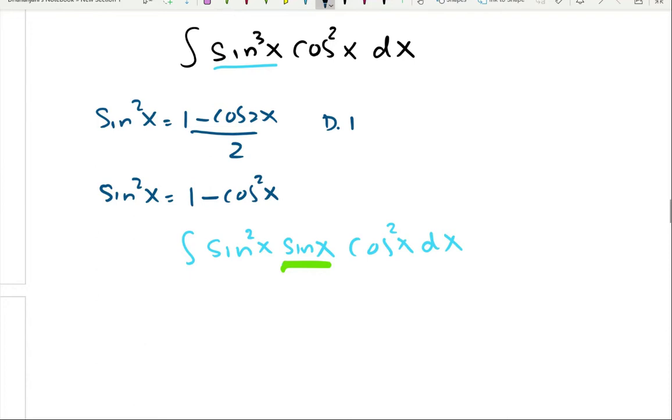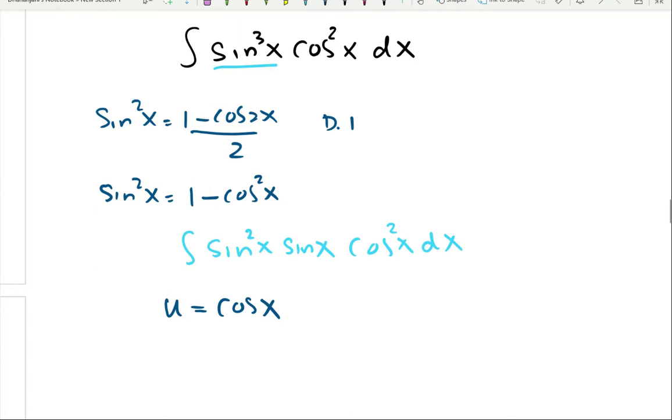Here the substitution is going to be u is equal to cosine x. Wait a minute, how did I choose it to be cosine x? When you think about integration by substitution, you usually think about the inside function, but not here. The rule to choose the u here is very easy. The substitute that you choose should be the opposite function of the one you split.